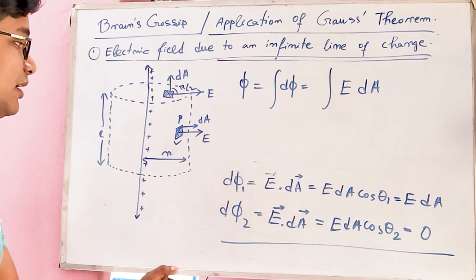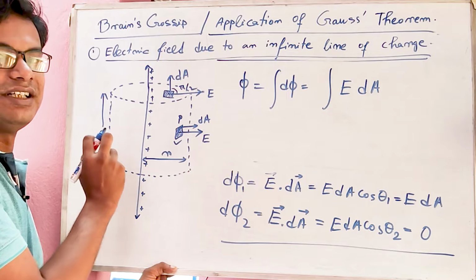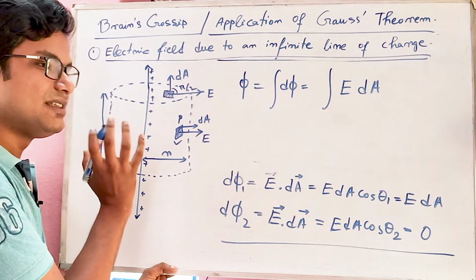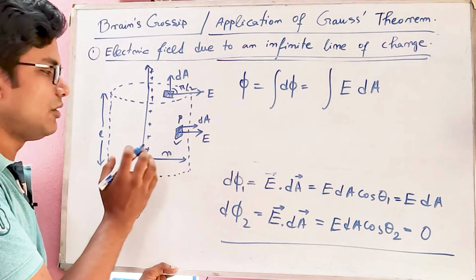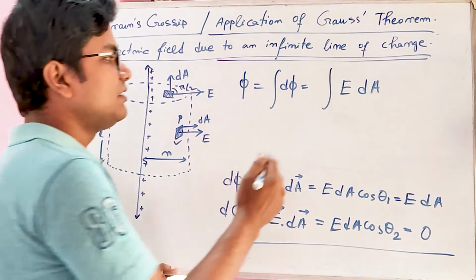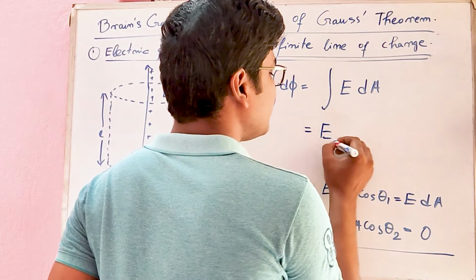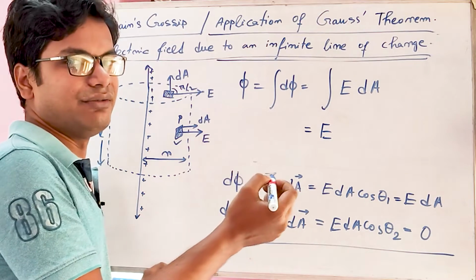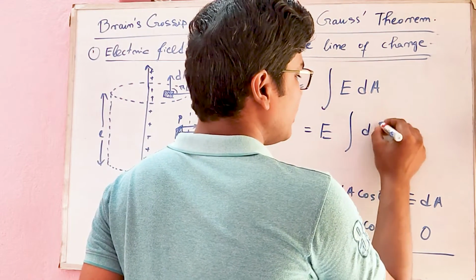Now, as we know, the charge distribution has a cylindrical symmetry. All the electric fields are radially outward. So that is why we can take E outside of the integration, as E is constant everywhere because we have a cylindrical symmetry. That is why we can write dA.